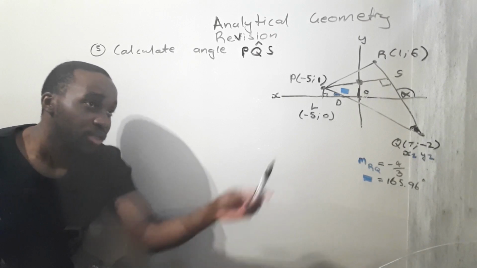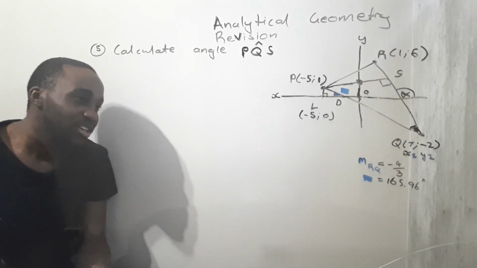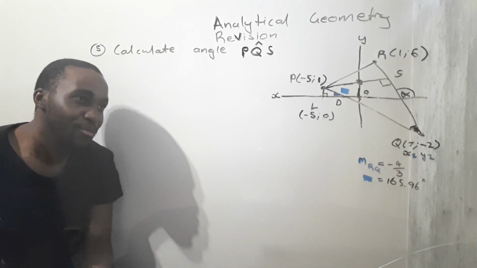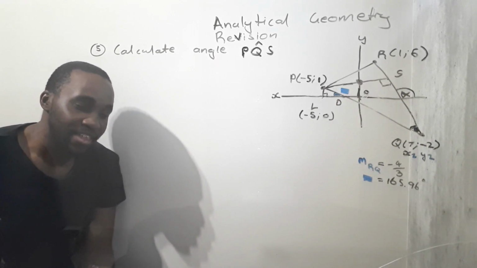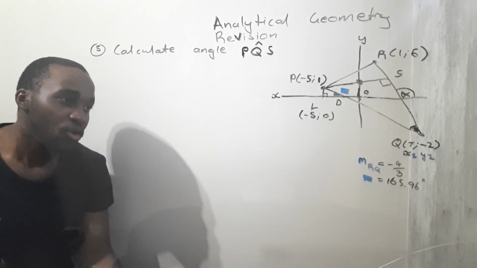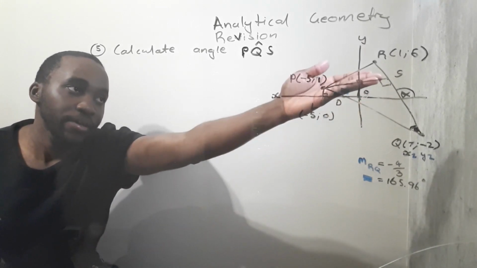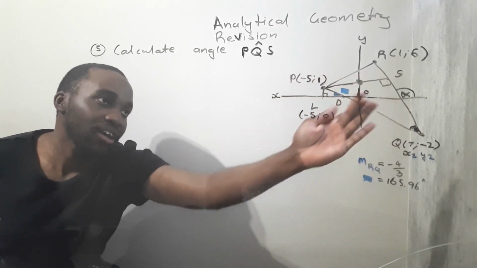So with that angle there, PQS, we can clearly see it is somewhat all the way down there, far from pieces of information and everything like that. So you actually do not want to focus too much on that angle. What you may want to do is to try and think to yourself, what do we have up here that we can link to this triangle down here?